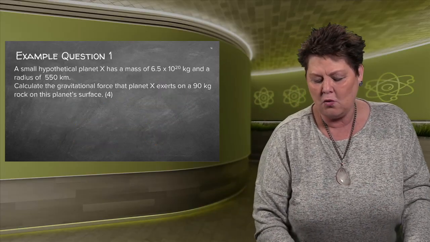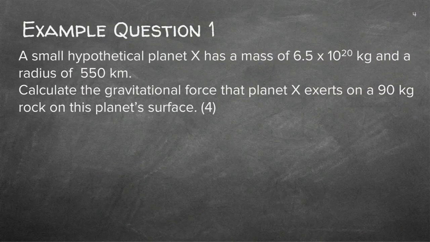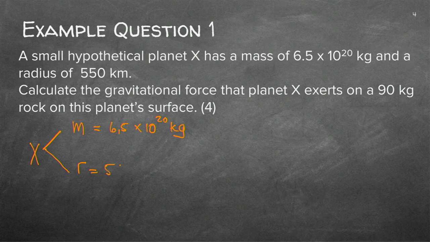They asked me a question. A small hypothetical planet X has a mass of and a radius of. So let's say I've got X here. What do I know? I've got the mass of X as 6.5 times 10 to the 20 kilogram. This is quite heavy, guys. And a radius of 550 kilometers.